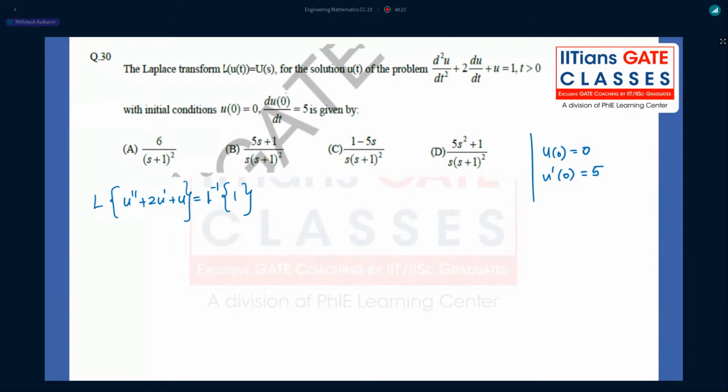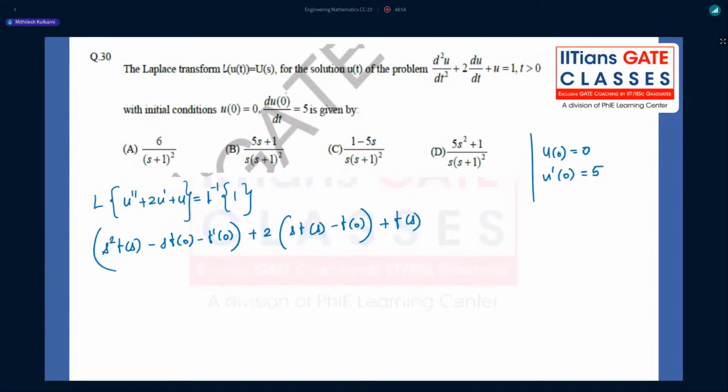Laplace transform on left hand side: u double dash is s square f of s minus s f of 0 minus f dash of 0 plus 2 times s f of s minus f of 0 plus Laplace transform of u is f of s, or you can say f bar of s rather, is equal to, Laplace transform of 1 is 1 upon s.